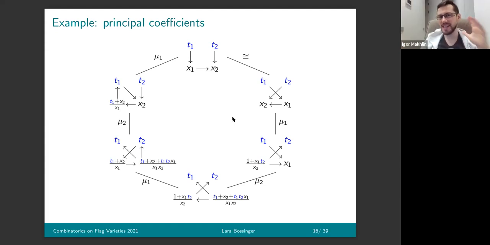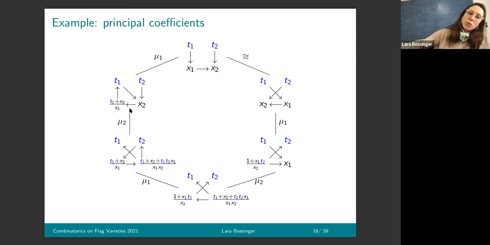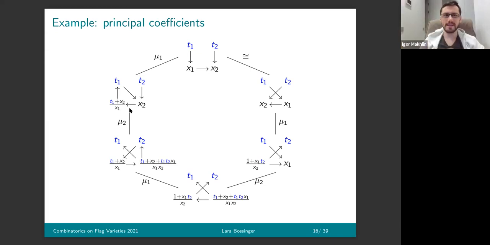Generically, the other fibers are still isomorphic to the fiber at 1, 1? Yes, exactly. As long as all the entries of your point in the affine space are non-zero, you will get something that is isomorphic to the original. So only on the coordinate axes we have something else. Exactly, on the coordinate subspaces. Okay, thanks. You're welcome.